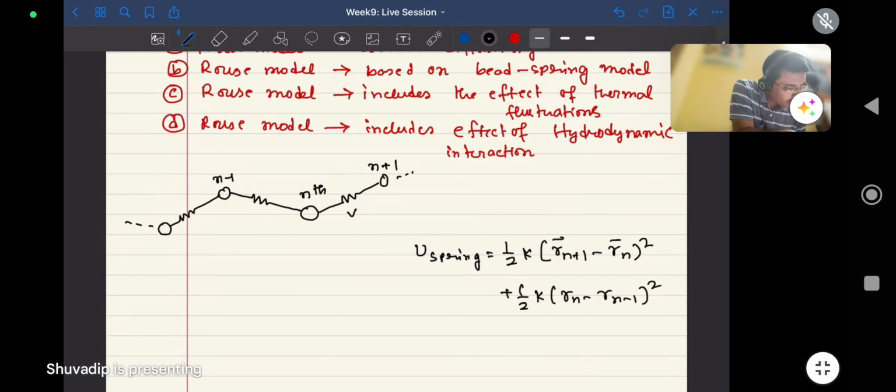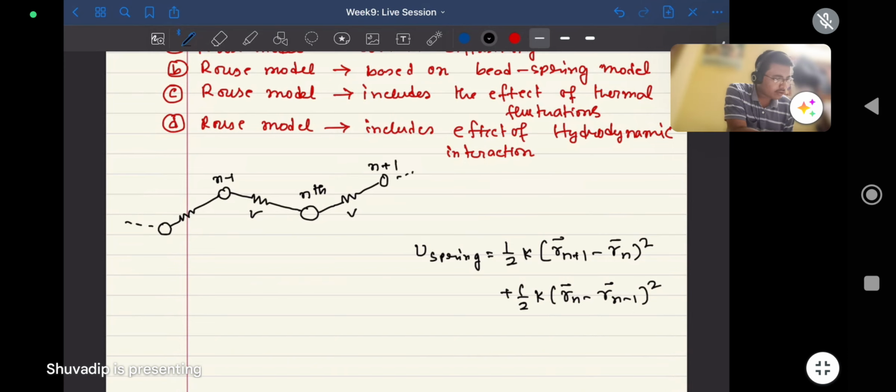These are all vectors, and this is due to this spring. So this is the total energy acting on this nth particle from both sides, because it has a spring on both sides, so there will be energy associated with each of the springs. I am writing down two terms of the form half k x square, which is the form of spring energy, and so this will give the energy associated with the nth bead in the polymer.